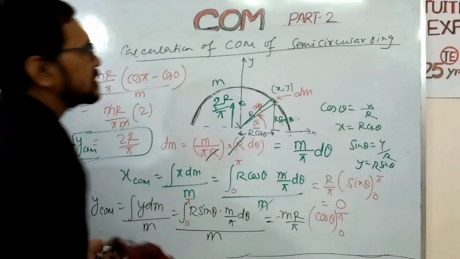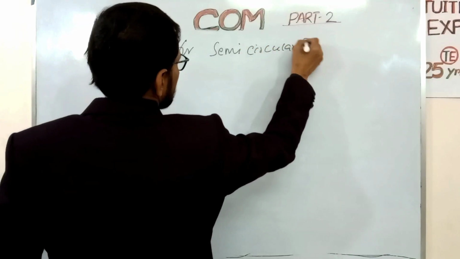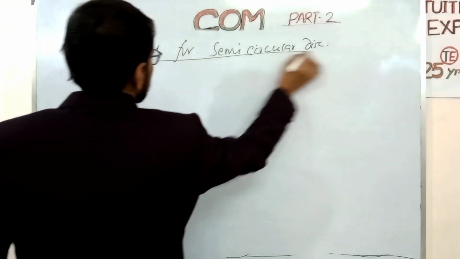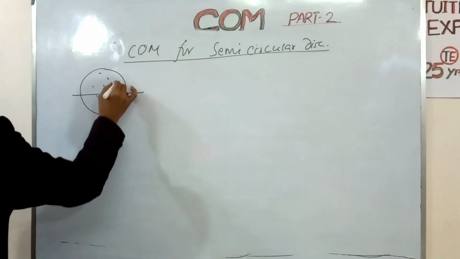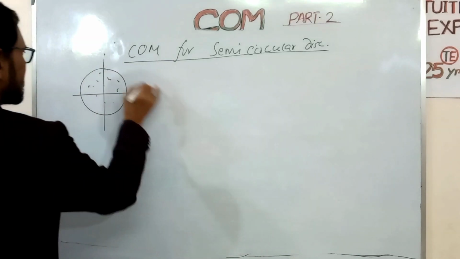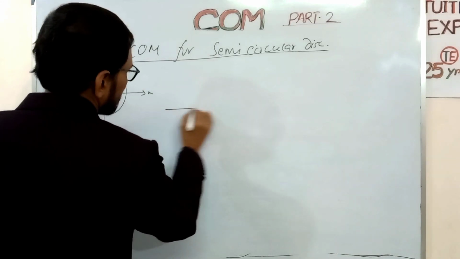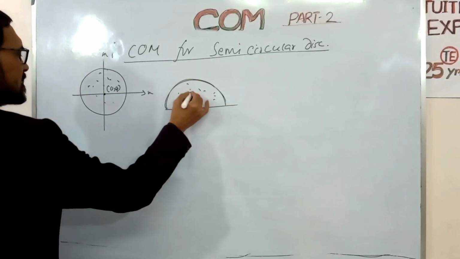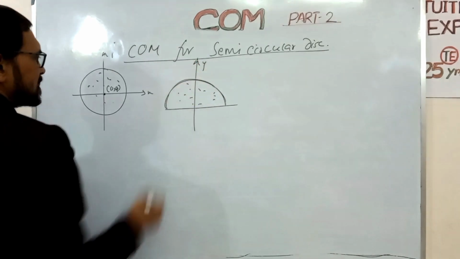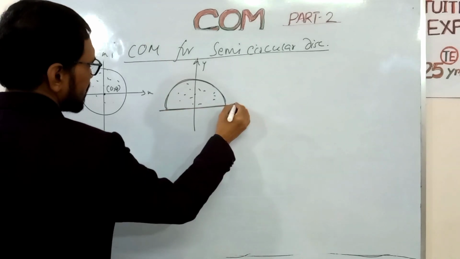Now for the semicircular disc. For a complete disc, it is symmetrical about the x and y axis, so the center is the geometrical center, that is 0, 0. But for a semicircular disc, the disc is symmetrical about the y axis, so the center of mass lies on the y axis, but it is not symmetrical about the x axis.